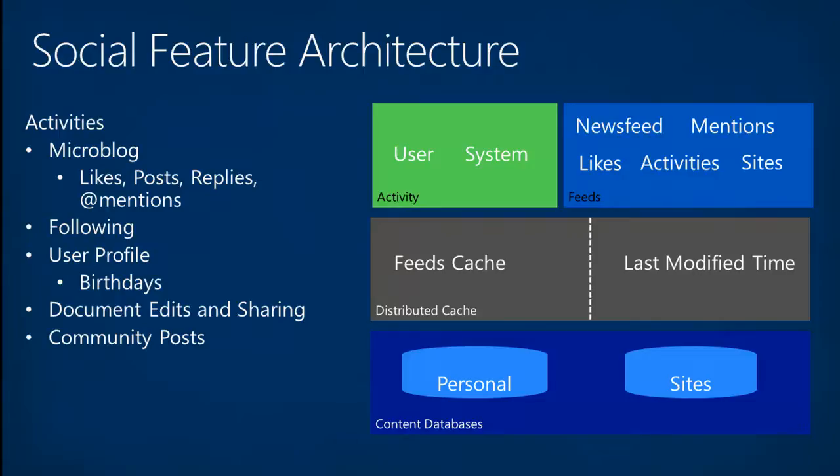We also have activities that are system-based that generate events like, say, a birthday. And those types of activities are all fed through the profile database in some cases, or will be pulled from the personal or my site content databases as well. So both of those are types of activity generators that we have.